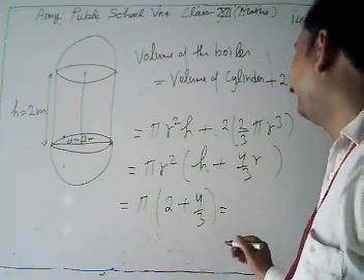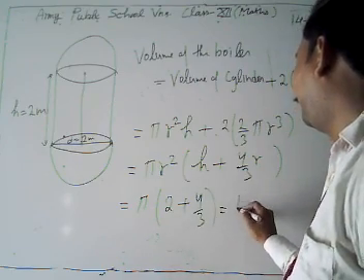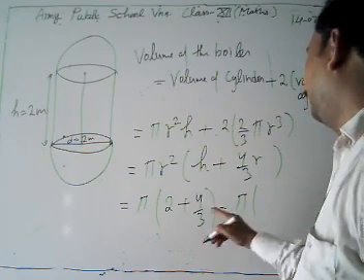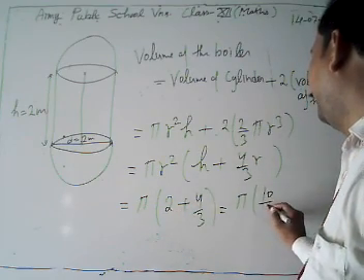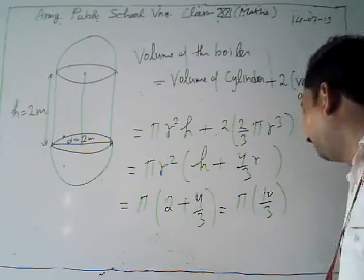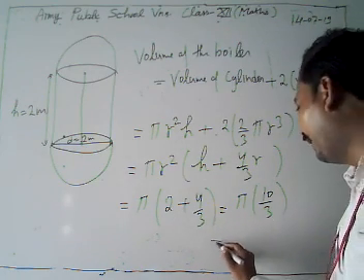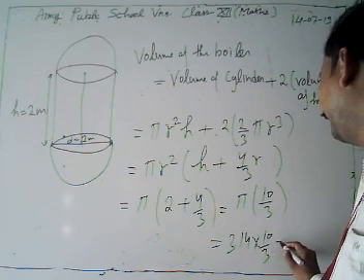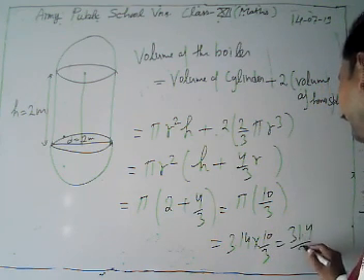What do we get? Pi times 6 plus 4 over 3, which is 10 by 3. Now we take the value of pi as 3.14 into 10 by 3, which gives 31.4 by 3.